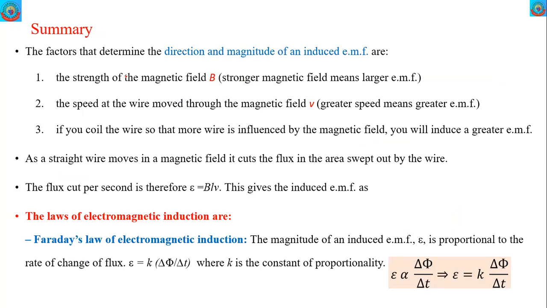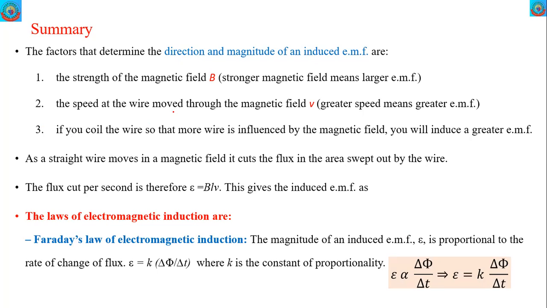Read these: the factors that determine the direction and magnitude of the induced electromotive force. First, the strength of the magnetic field. Second, the speed of the wire.